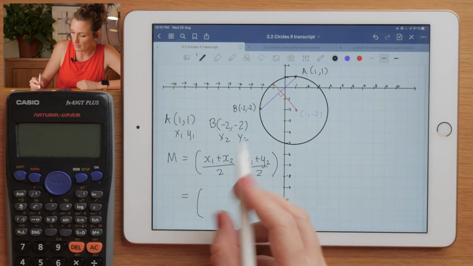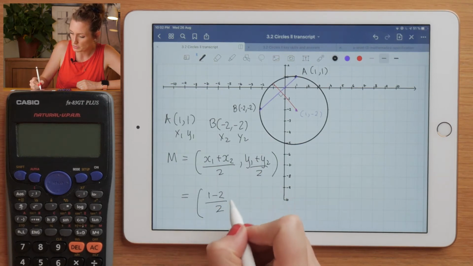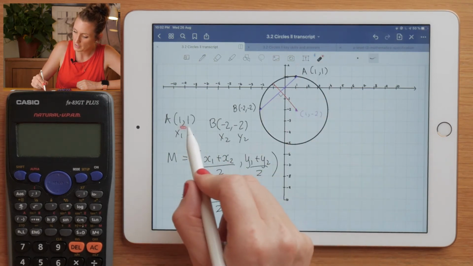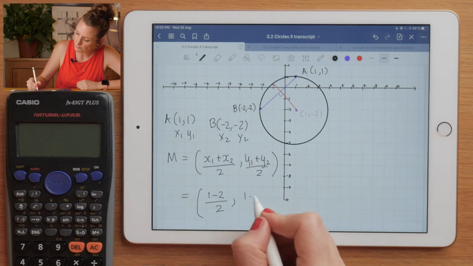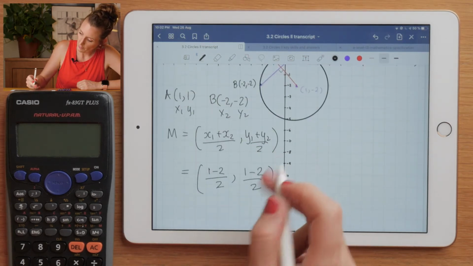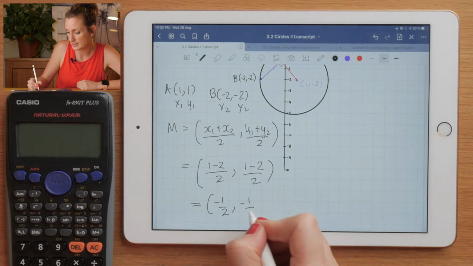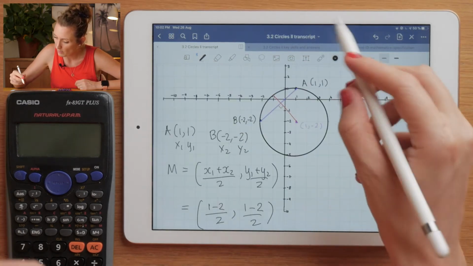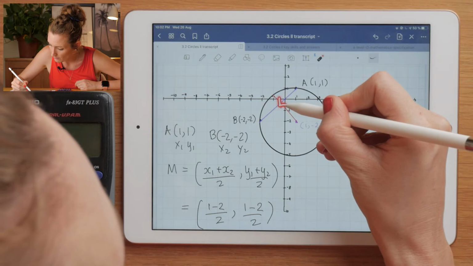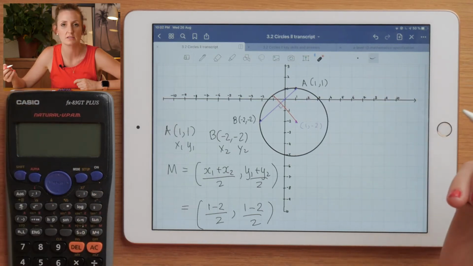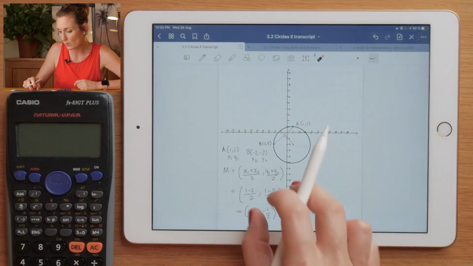So let's sub them in. (1 - 2)/2. And for the y's, (1 - 2)/2. 1 minus 2 is minus 1, so it'll be (-1/2, -1/2). And if we look at our diagram for where the point is, that definitely makes sense. And that's that question done.